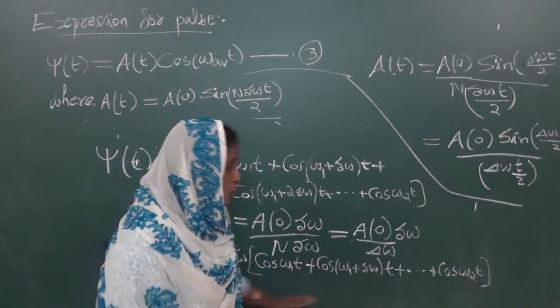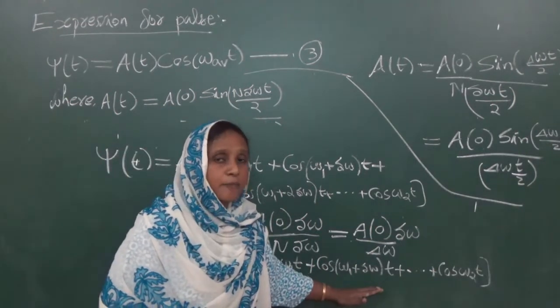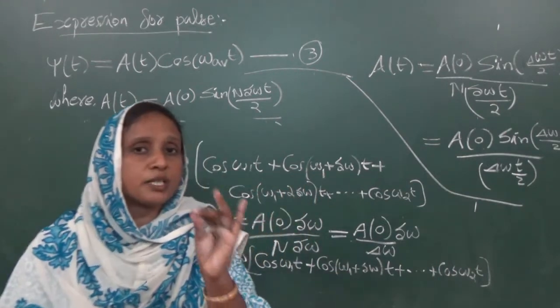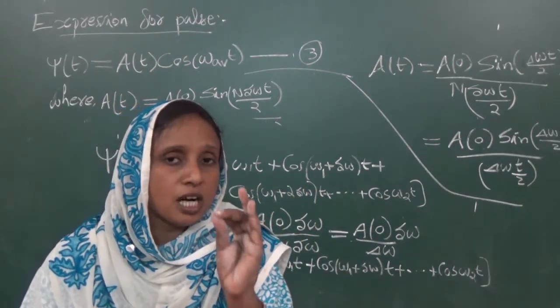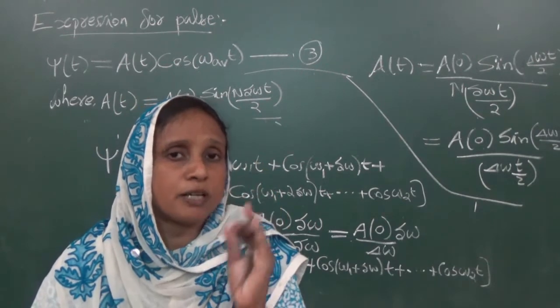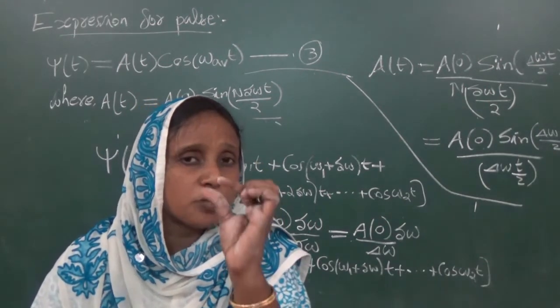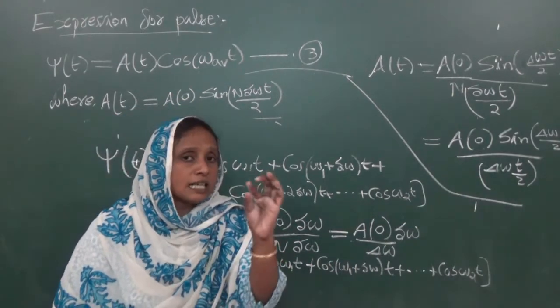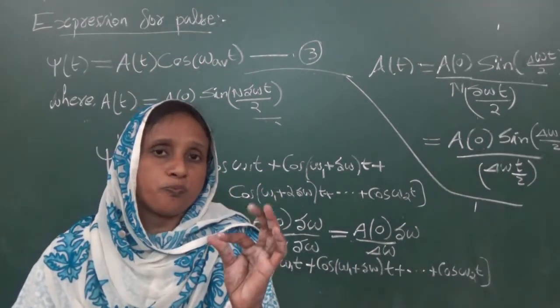Here our equation is a summation of different harmonics. But each harmonic differs from its neighbor frequency by a very small amount, delta omega. This delta omega is nearly 0.